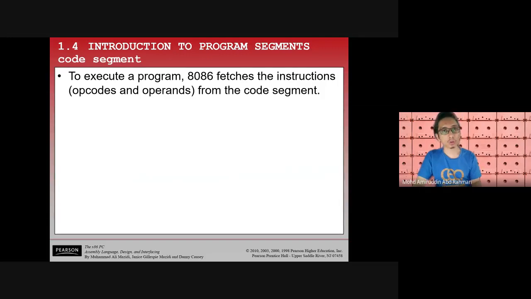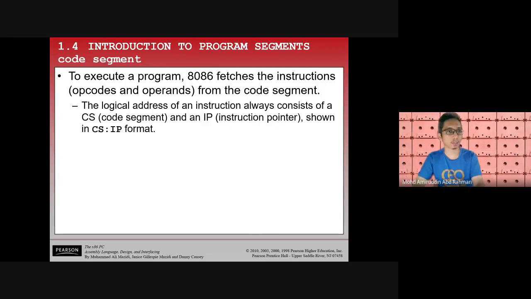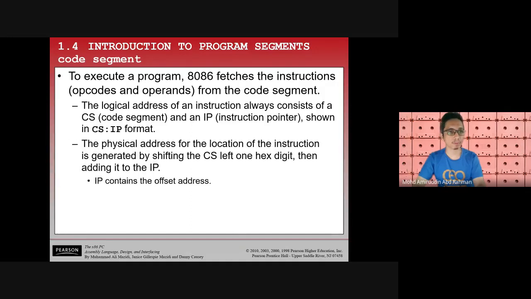The logical address of an instruction always consists of CS, the code segment register, and IP, the instruction pointer, usually shown as CS:IP.